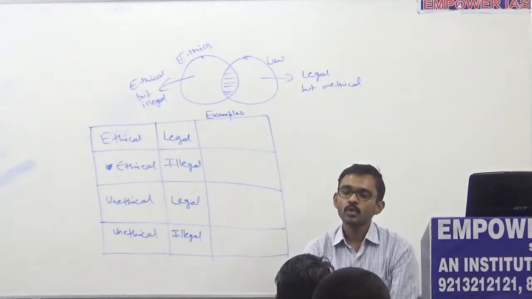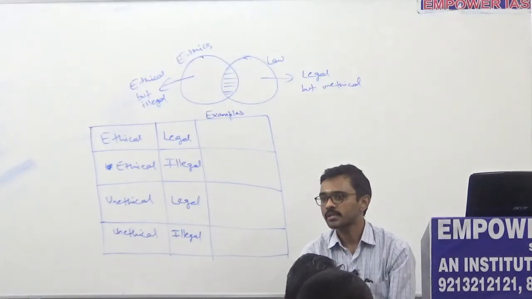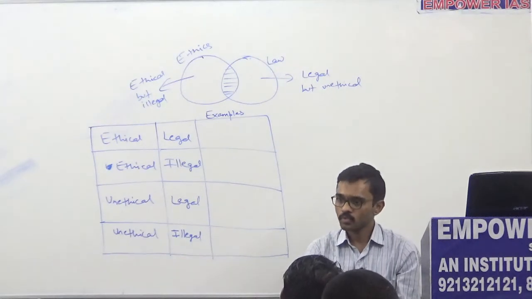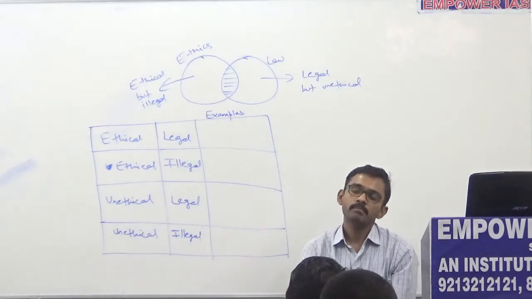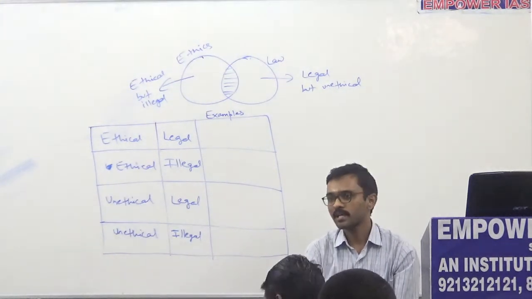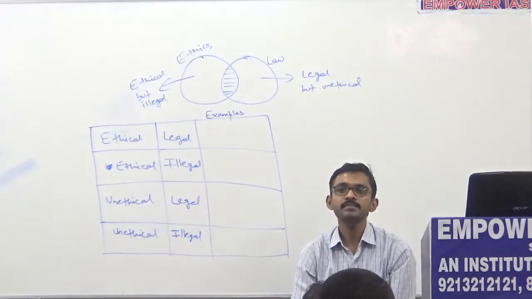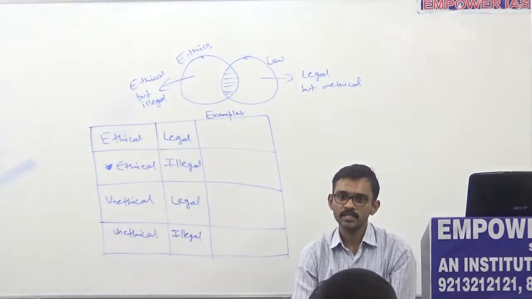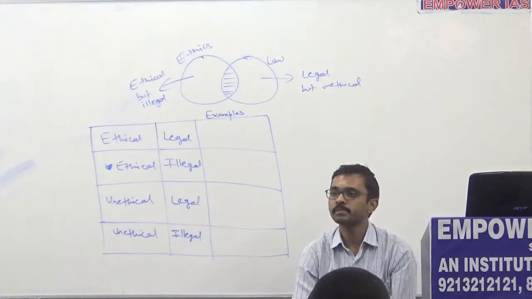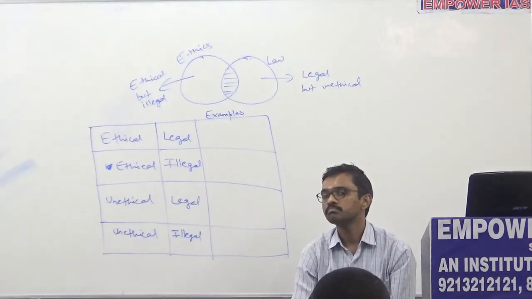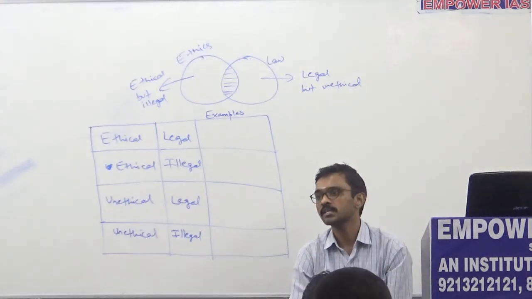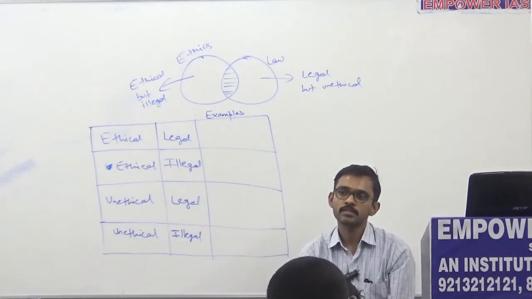So if a question comes on ethics and religion, what is the relationship between ethics and religion? Religion is one of the sources of ethics, and most of the religions teach us ethical values. However, it is misinterpretation of religion that leads to unethical activities, and then you should give examples to show how religion is misinterpreted and misused by vested interests to create conflicts.